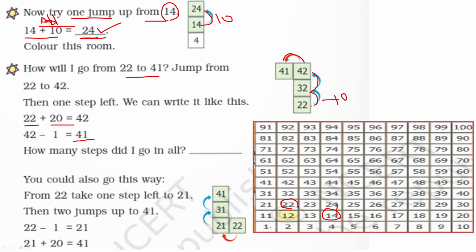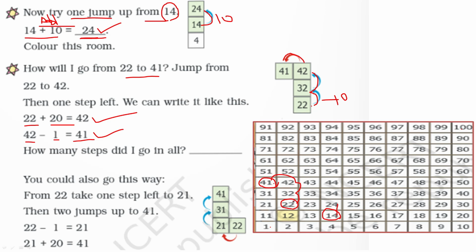We are going to go from 22 to 41. So for one step, then second step, then we come back left. So you get the answer 41. Okay, so 22 plus 20 is 42, 42 minus 1, you will get 41. How many steps did I go in all? Totally how many steps do I have to go in all?